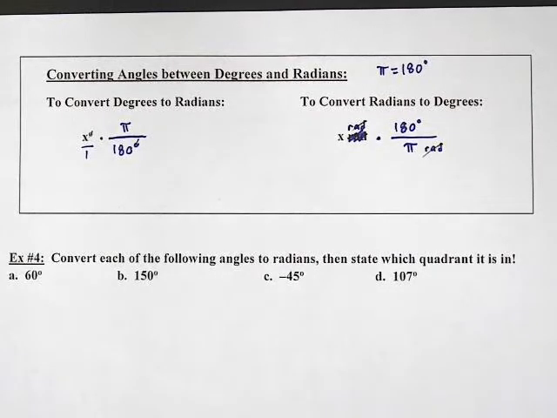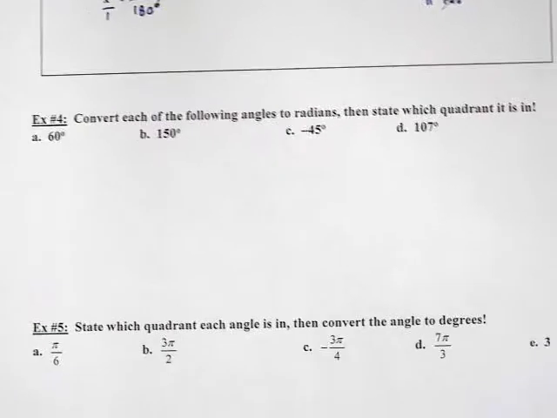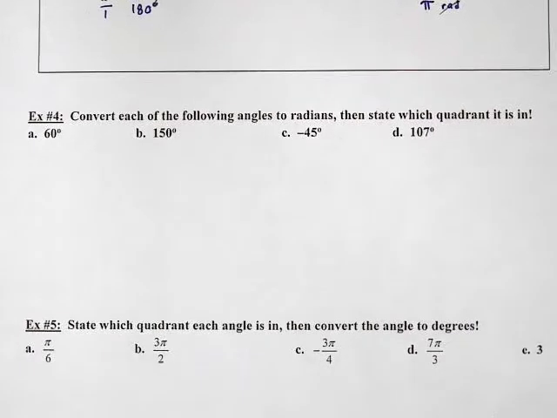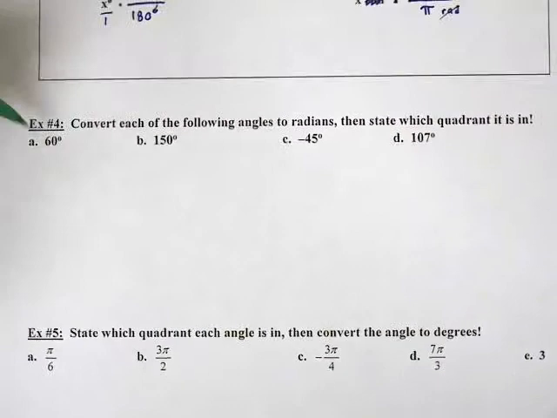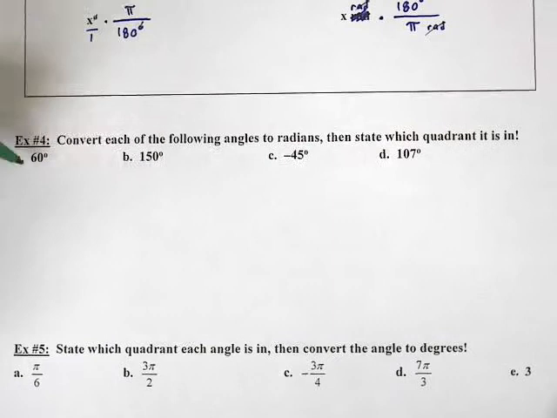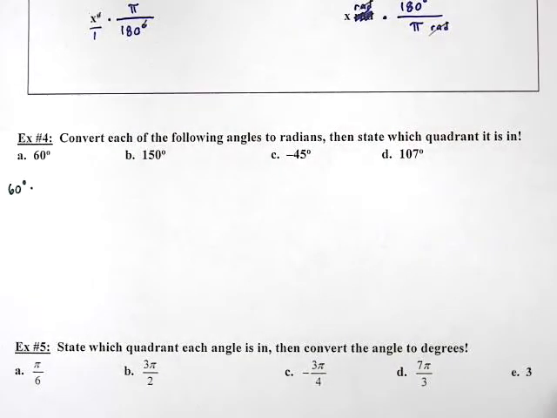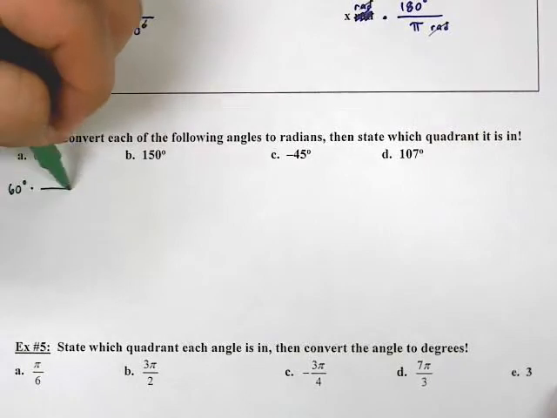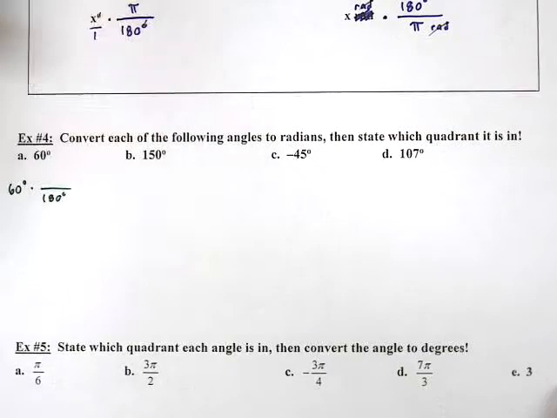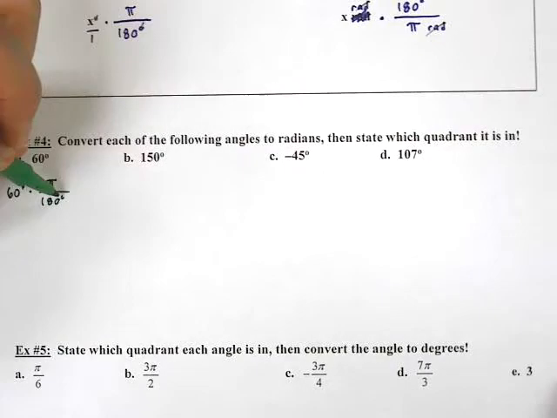Convert each of the following angles to radians, then state which quadrant it is in. So 60 degrees. We're going from 60 degrees and we want to go to radians, so we need to cancel out degrees. So the degrees go in the bottom. Degrees cancel.